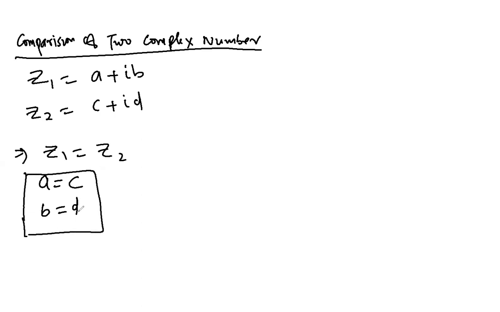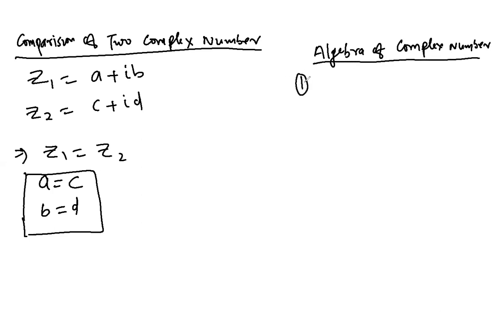Okay, now after that we will start with the algebra of complex numbers. So let me write down here. Now in the algebra of complex numbers, one of the properties I have already written in the previous slide, which was how to add two complex numbers.